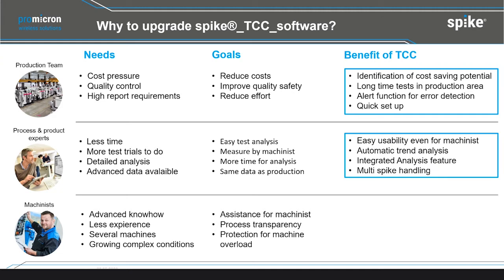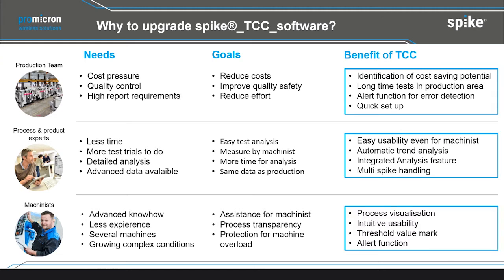They need process transparency, and a system which helps them protect against machine or process overload is also necessary. With Spike and TCC, we give you process visualization, we have an intuitive usability, we have threshold value marks in it now, and we have first alert functions. Please remember these benefits while facing your needs and goals.